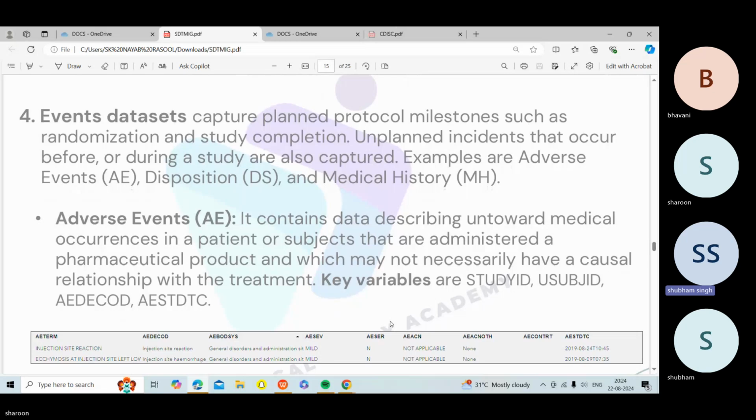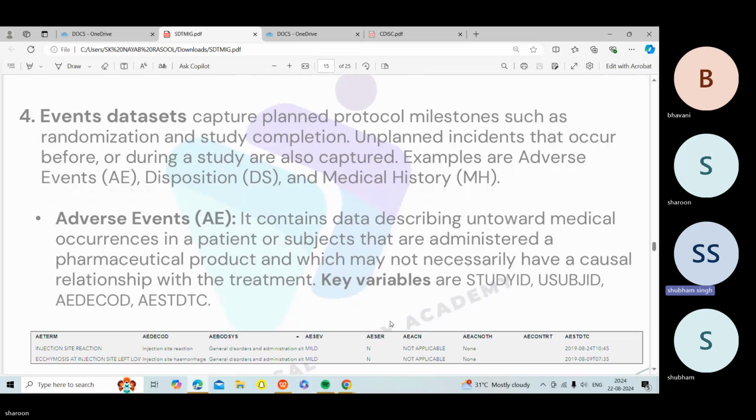Adverse event. This is also very interesting. It contains the data describing untoward medical occurrence in the patient. Let's suppose during the study, due to the study drug, or due to any other reason, the patient started feeling shivering or head pain.